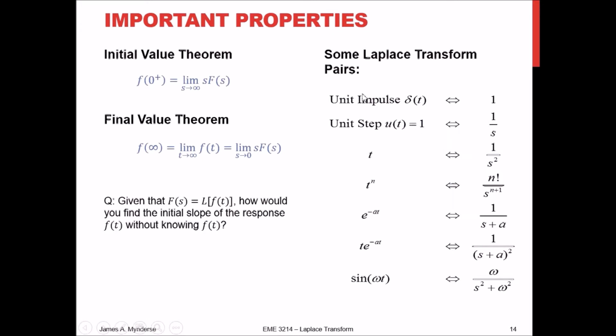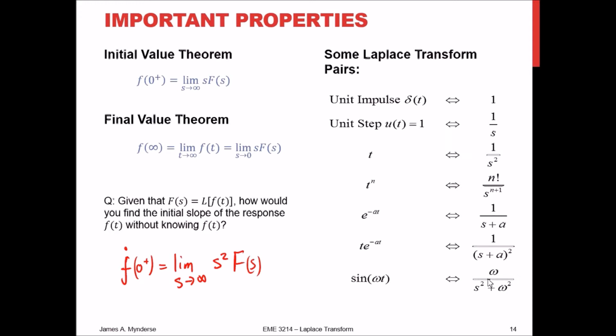On the right side here, you'll see that we have a table of Laplace transforms. Here's that function u of t equals 1, and you see the 1 over s, and various other functions that you'll find useful. We'll use this table extensively to take Laplace transforms, rather than actually computing the integral.